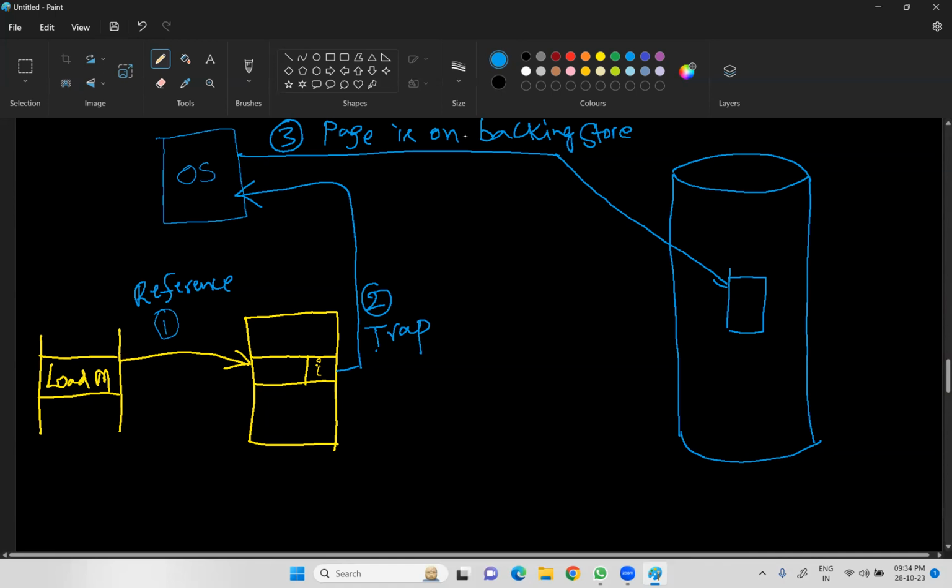If it is identified, immediately what exactly is it supposed to do? It is supposed to check whether a free frame exists or not. This is physical memory. This is backing storage.